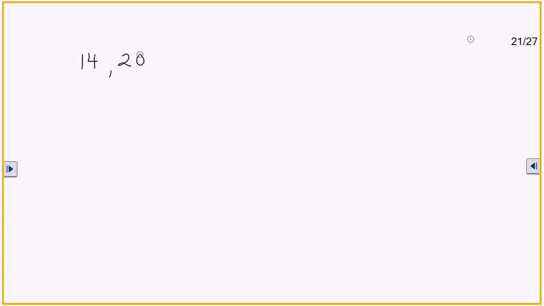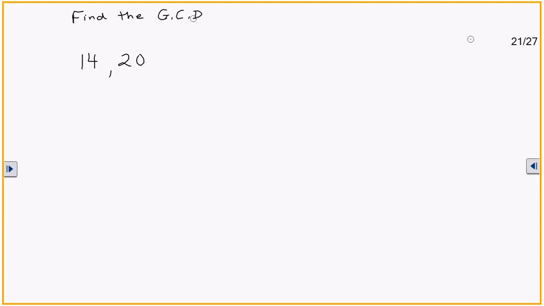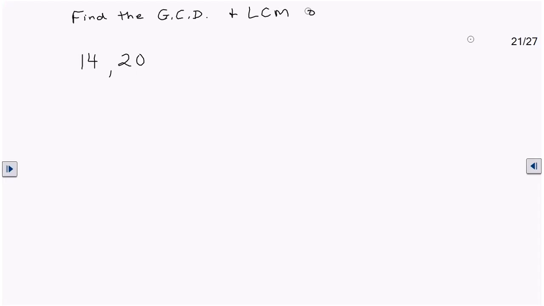Okay, find those. I'll put the directions at the top. Find the greatest common divisor and least common multiple of the following.